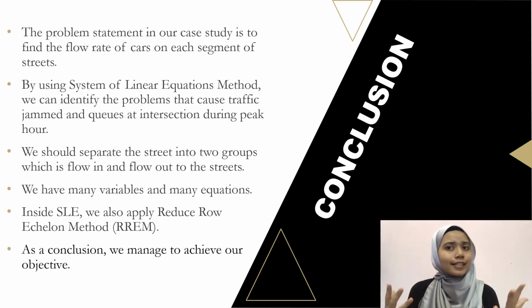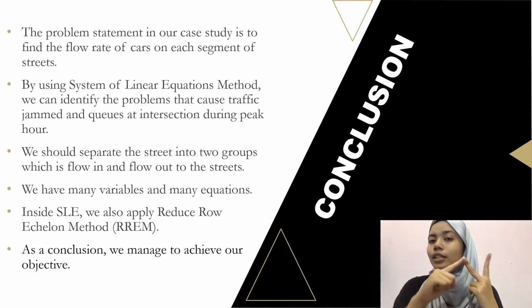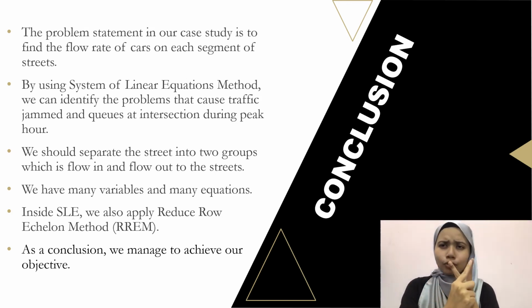Okay, first things first, we should identify the cause of the traffic jam. The second one, we should separate it into two groups. The first is flow into, and the second is flow out of the intersections per hour.